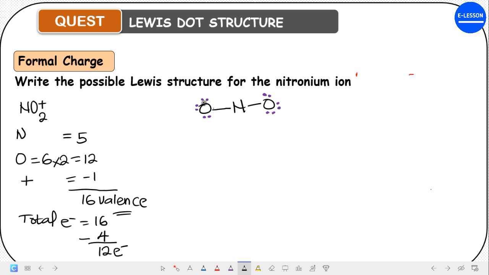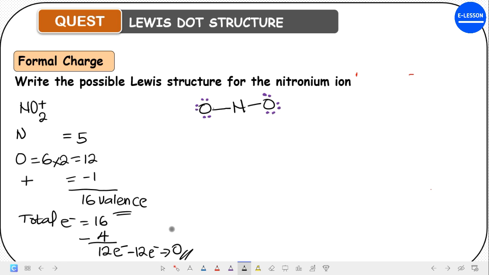This is 1, 2, 3, 4, 5, 6, 7, 8, 9, 10, 11, 12. So we used 12 electrons. Minus 12 electrons from the 12 electrons here, the total number of electrons remaining is 0. So you've spent all the electrons on this structure. Now, this is the skeletal way of writing the nitronium ion.